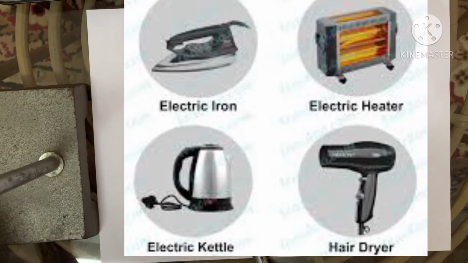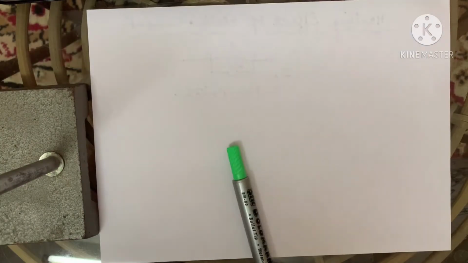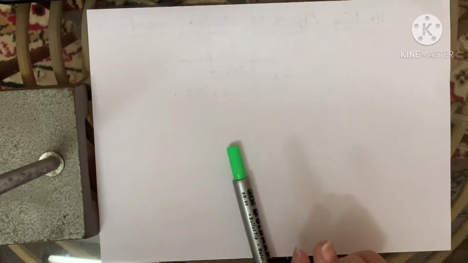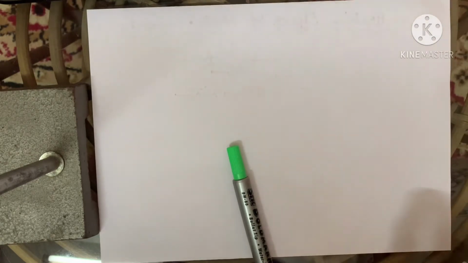Dear children, please remember that all the appliances which run on electricity do not convert all the electric energy into heat energy. Only the electrical heating appliances convert most of the electric energy into heat energy.